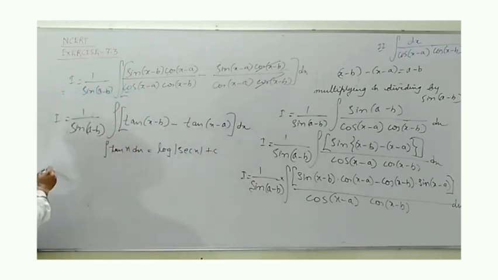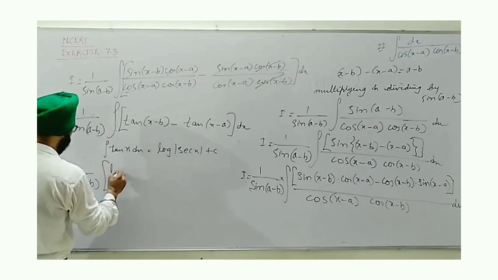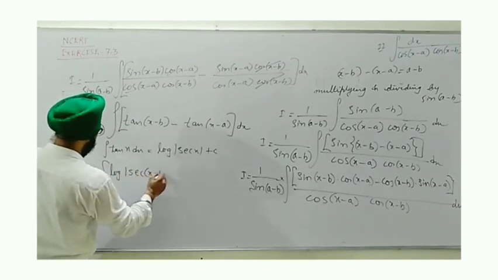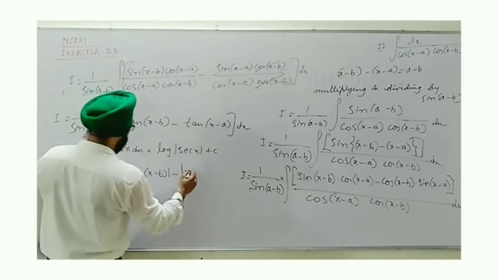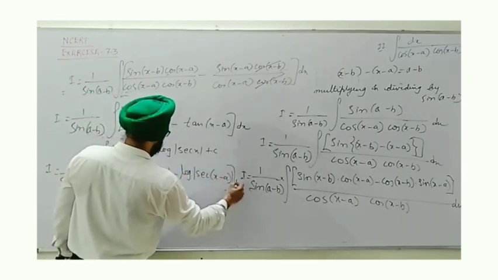So applying that here, in each term we keep sine A minus B as it is, and integrating we find log of sec x minus B in the first term, minus log of sec x minus A, plus c.